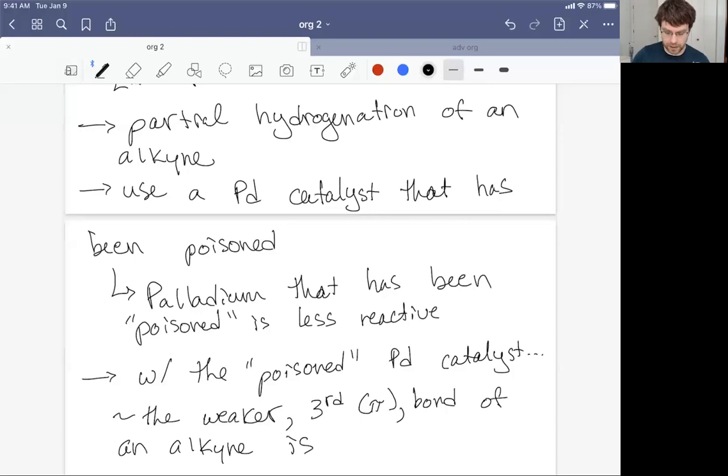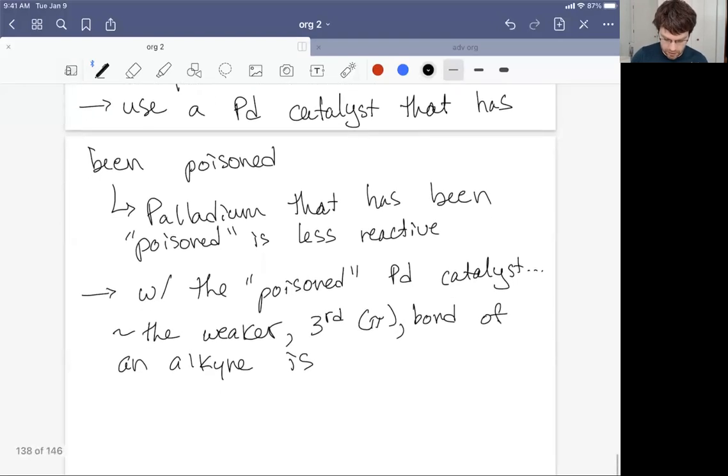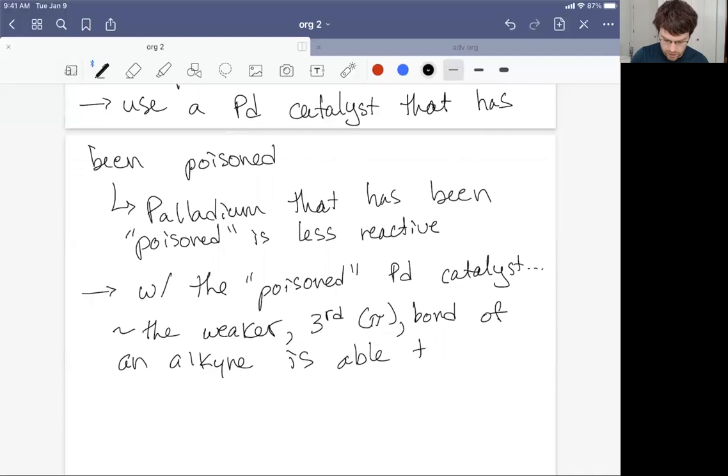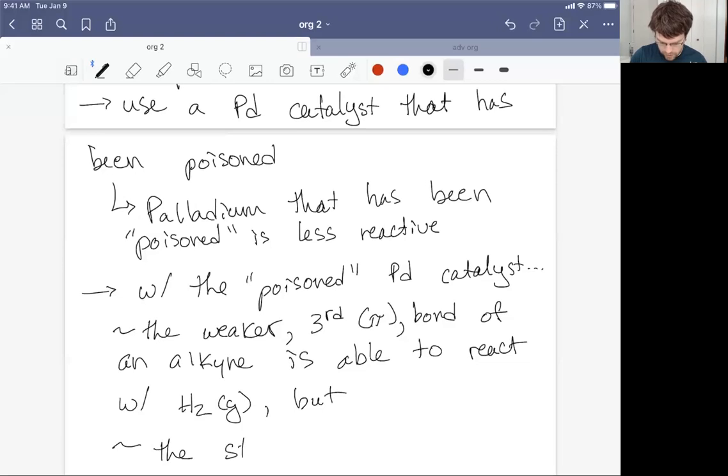That weaker bond is able to react with H2 gas, is able to still react with H2 gas. But, and here's the other point, the stronger pi bond, and you could think of that as the second bond of an alkyne, maybe, sure.